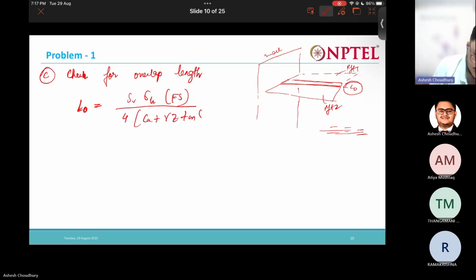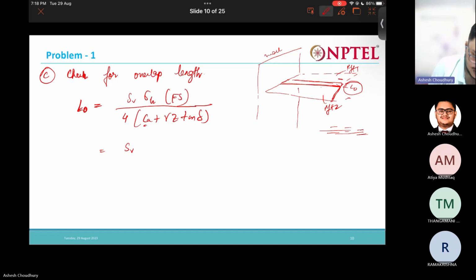And this CA is nothing but the adhesion, not between the two layers, actually it is the adhesion between the reinforcement layer and the soil.